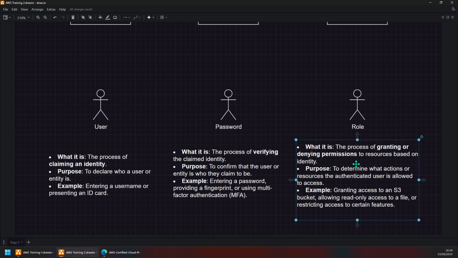In terms of authorization, this is the process of granting or denying permissions to resources based on identity. So which means that I can allow or deny people, but normally it's deny all in every situation. So by default, everything is denied, and I can only open up certain items which are really required for you.